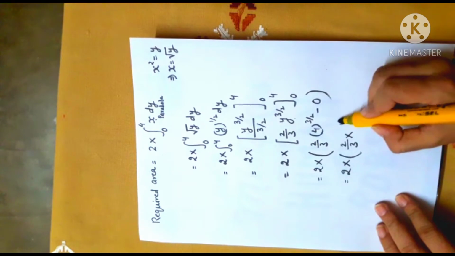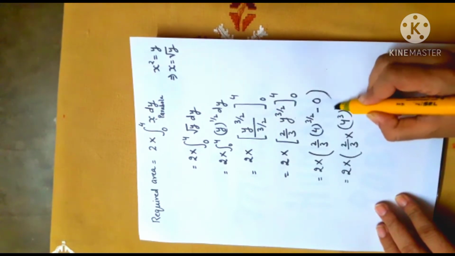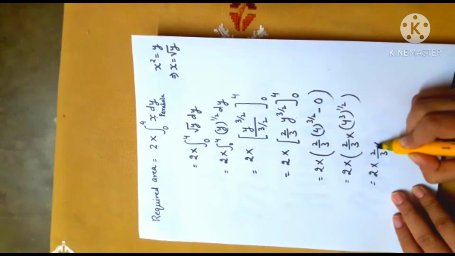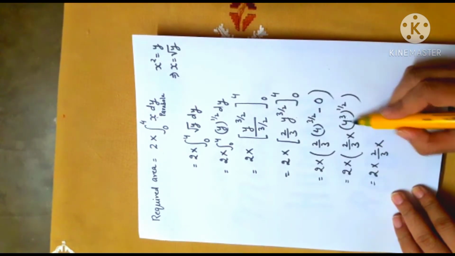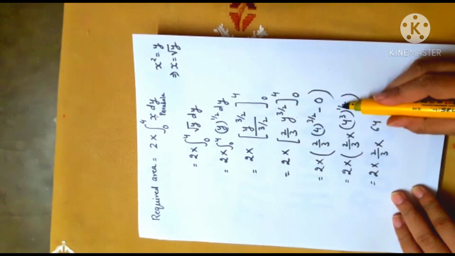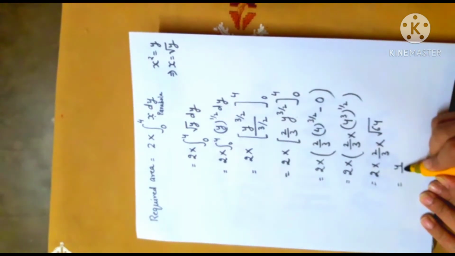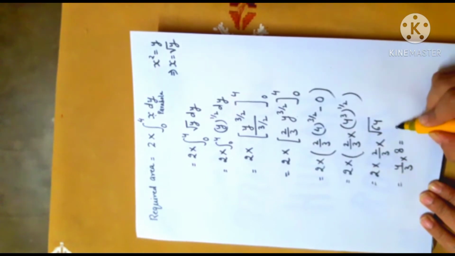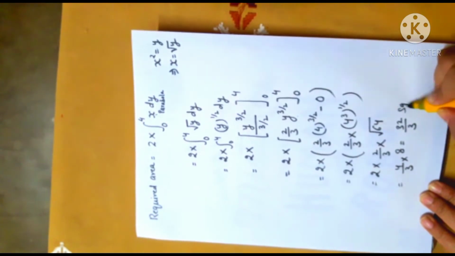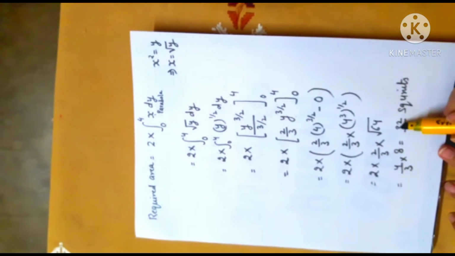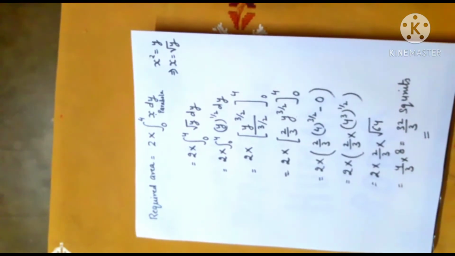This can be written as 4 raised to the power 3 raised to the power 1 by 2. So it's 2 into 2 by 3 into cube of 4 is 64, raised to the power half means square root of 64. So it's 4 by 3 into 8. That is 32 by 3 square units. So required area is 32 over 3 square units.